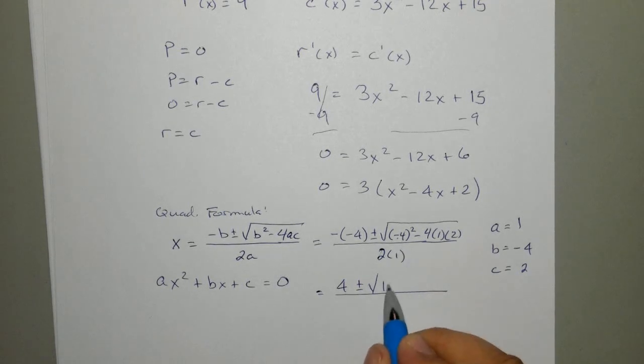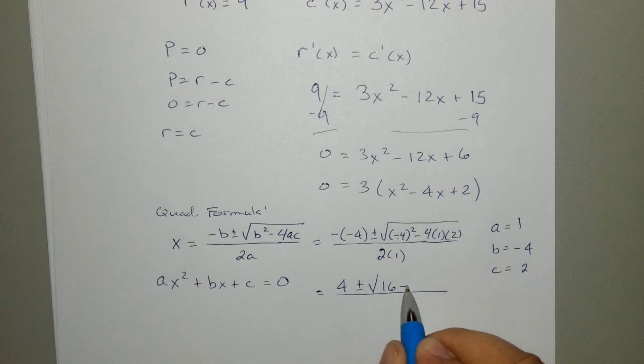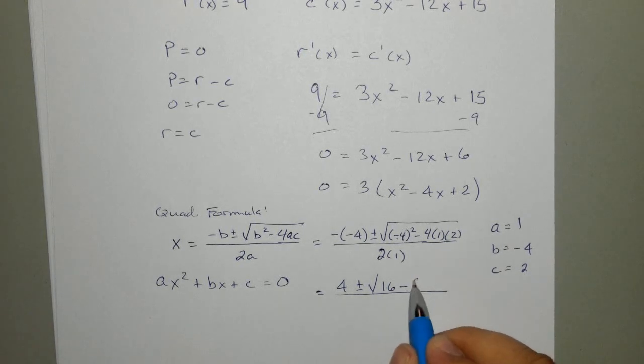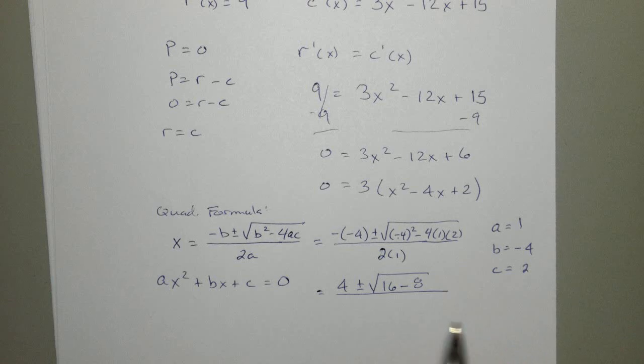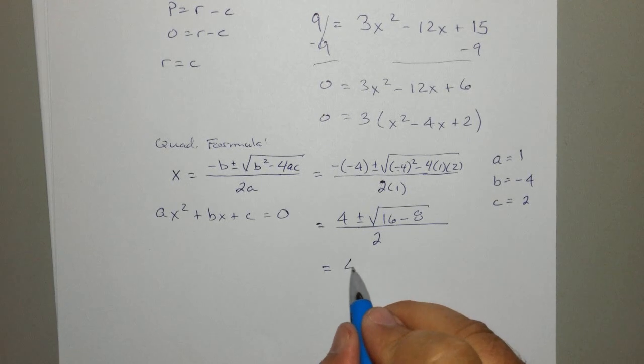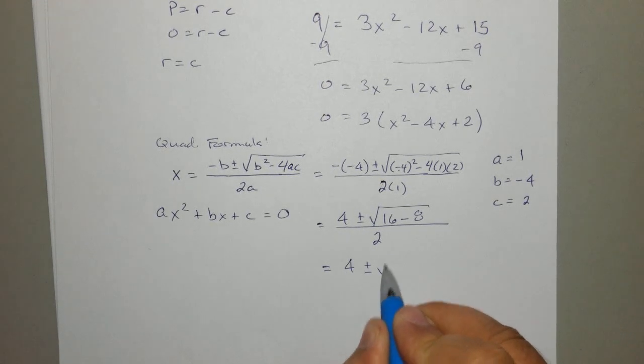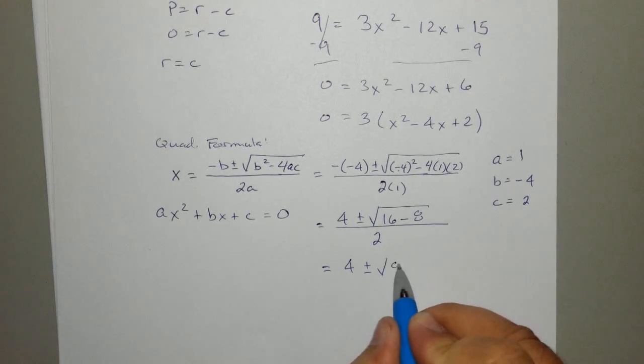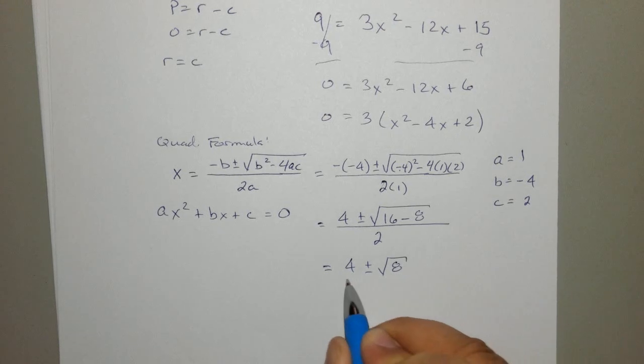Negative 4 squared is positive 16, minus 4 times 1 times 2 is 8, over 2. 16 minus 8 is 8.